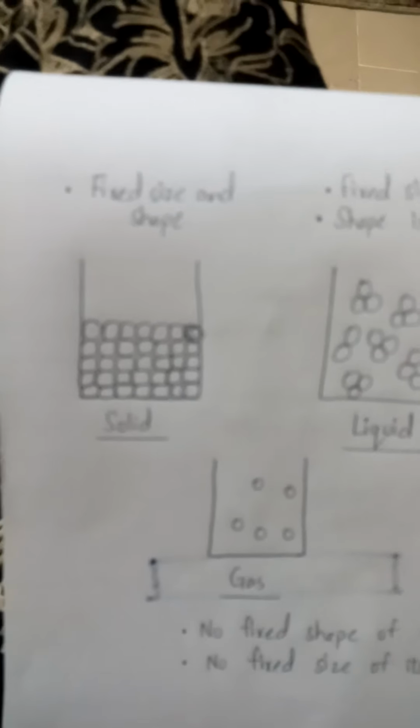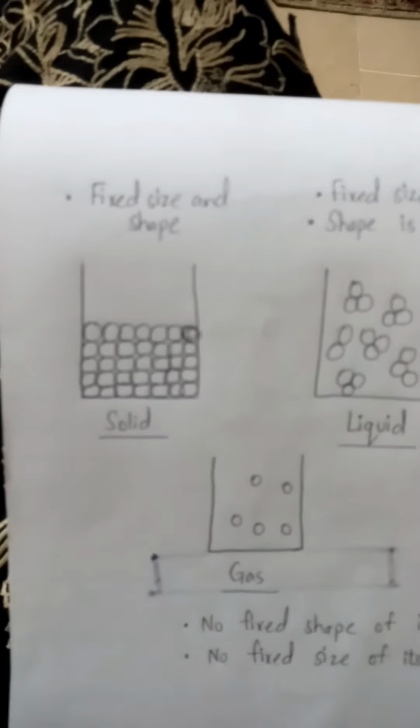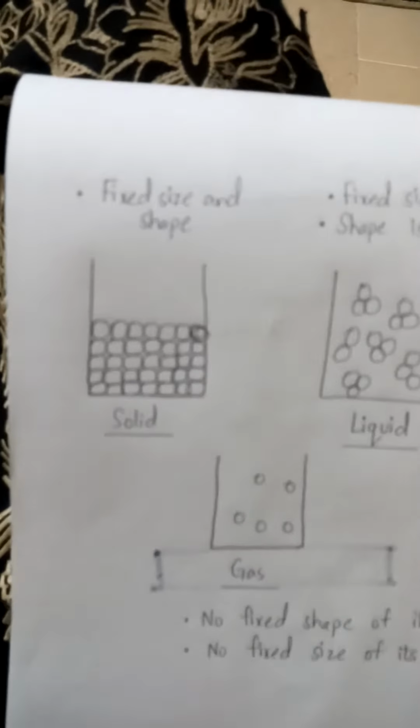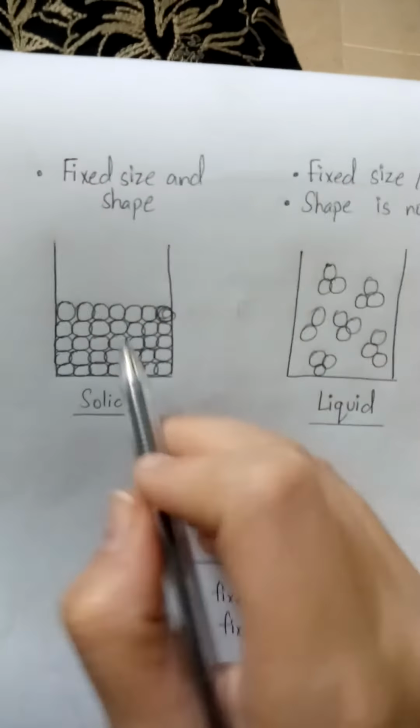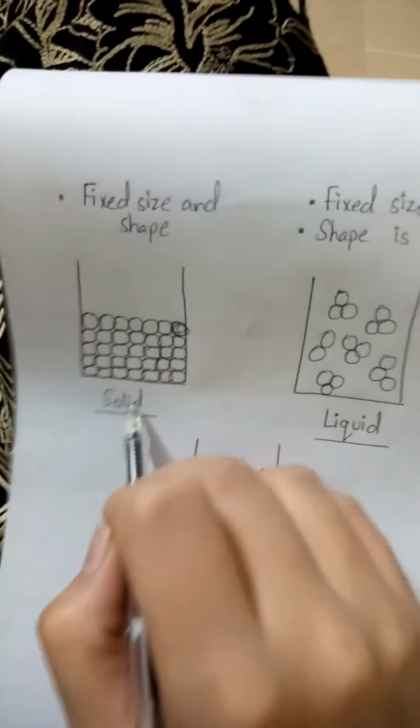And because the atoms are arranged in such a way that they are tightly packed, this is the reason that solids have a fixed shape and fixed size. This is the most important reason: the atoms are so closely packed with each other that solids have a fixed shape.